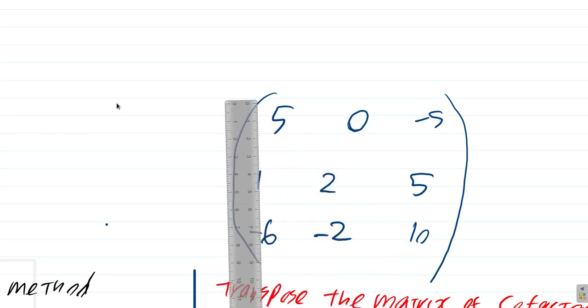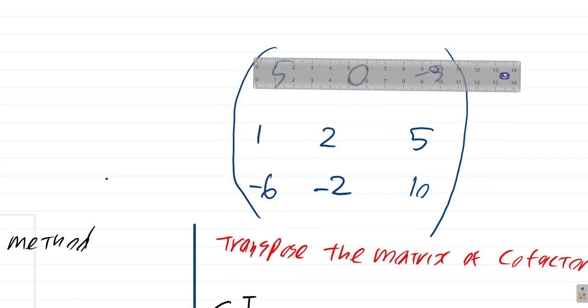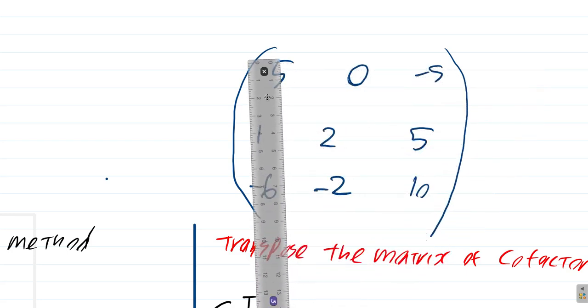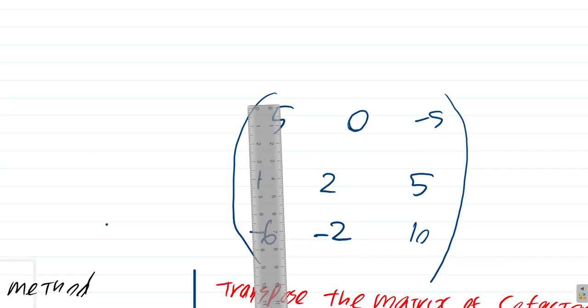So instead of 5, 0, 5 going across, 5, 0, 5 will go down. So we swing the row, pivot it around the 5, swing it down. Now we have 5, 0, 5 going down instead of across.